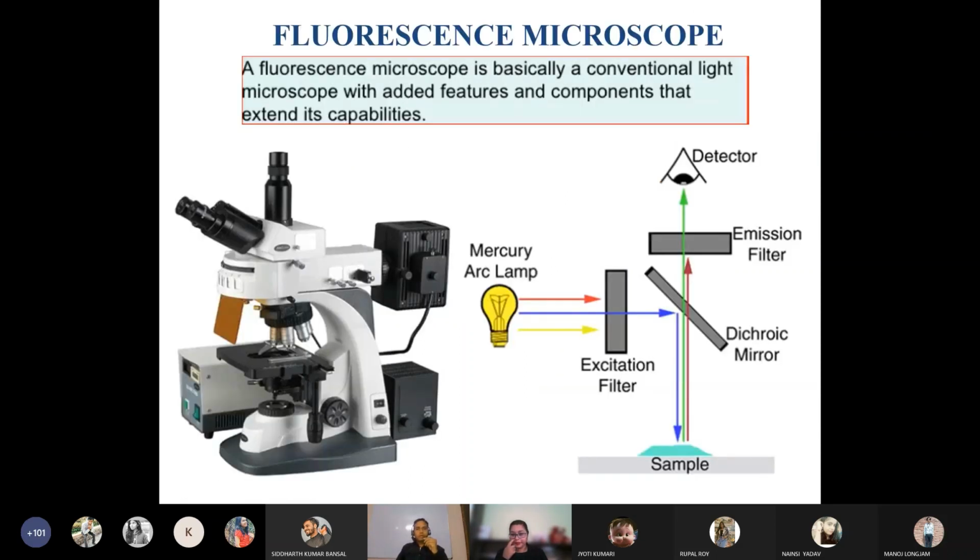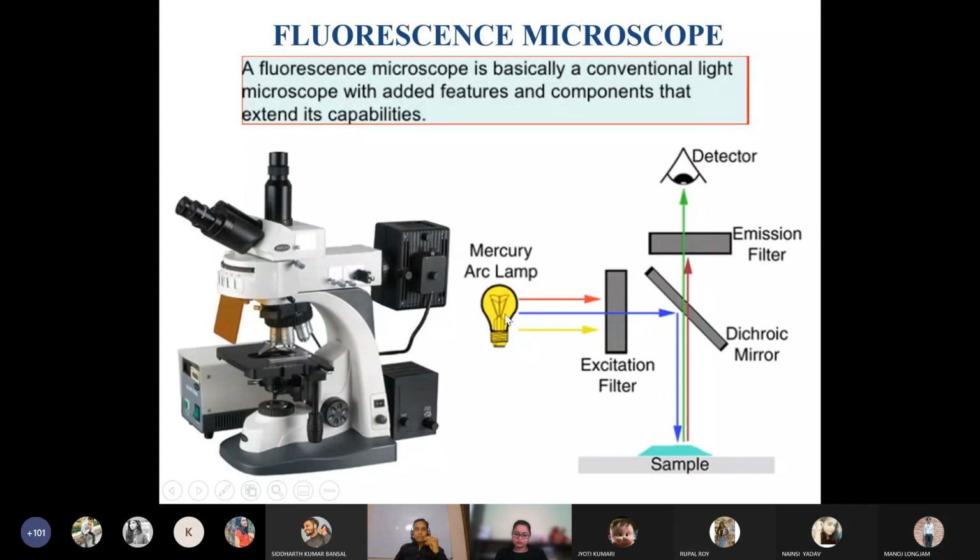Okay, so let's move on to our fluorescence microscope. The fluorescence microscope is an extension of the compound microscope or the light microscope, which you often say. So in this fluorescence microscope, what extra do you have? You can even use it as a light microscope or optical microscope without using any fluorescence filter or fluorescence device integrated into it.